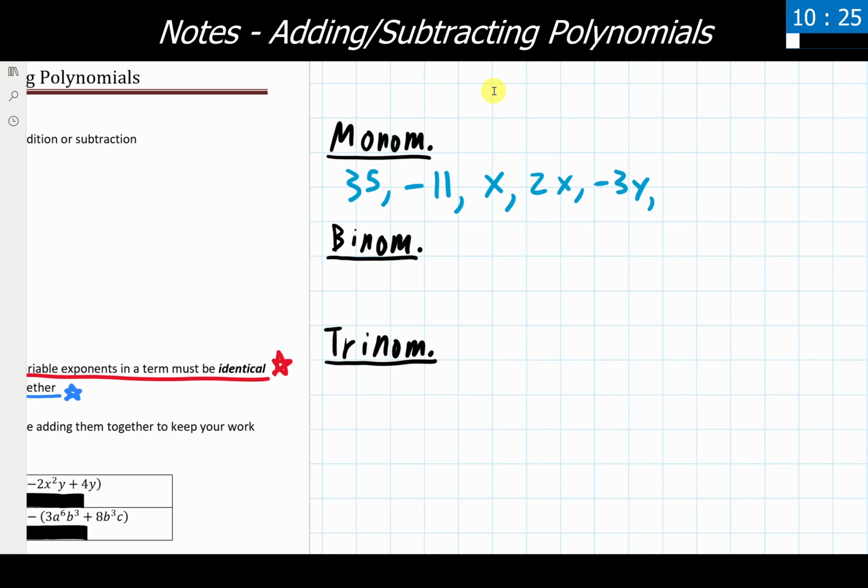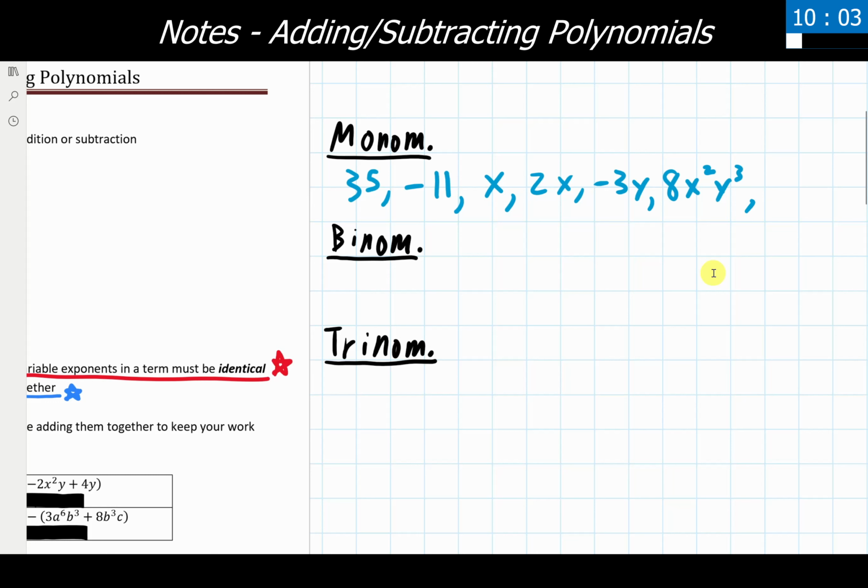Now we can also have monomials that have multiple variables in them and even some weird exponents as well. So something like 8x squared y to the third power. This whole thing, because everything in here is multiplying together, would be considered a monomial.